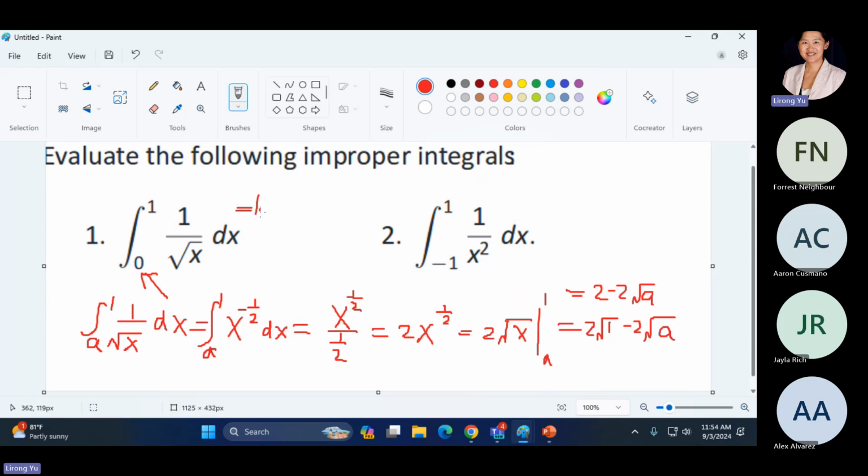This is going to equal the limit of this. Now that we have this calculated, we can now make a go to 0. In the formula, 2 minus 2 root a, turns out the value is 2, meaning if a goes to 0, the value should be 0. Okay, so the answer for that one will be 2. So it's finite. You know, there's a problem.